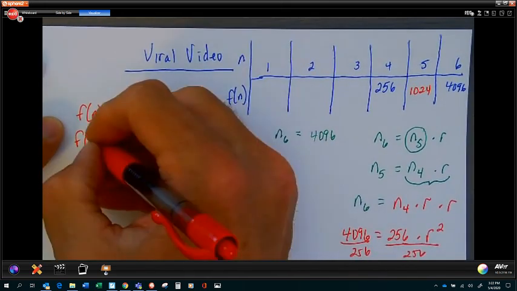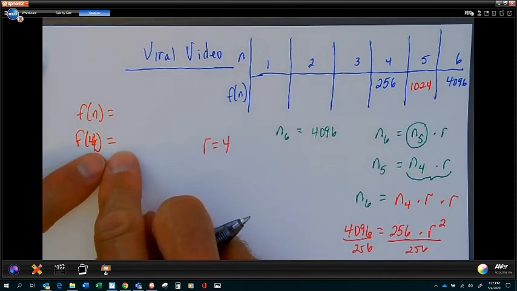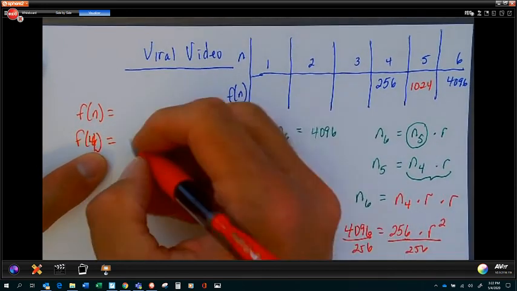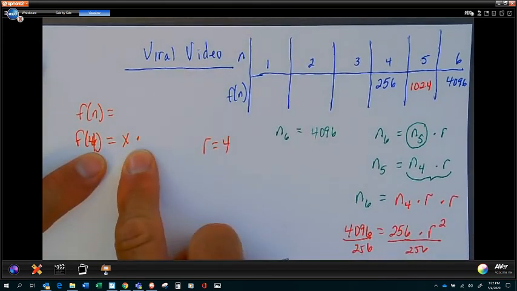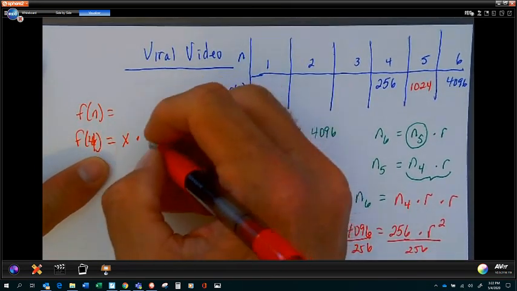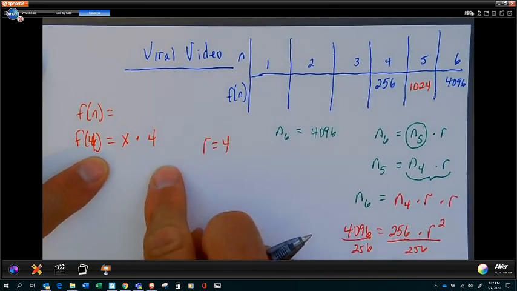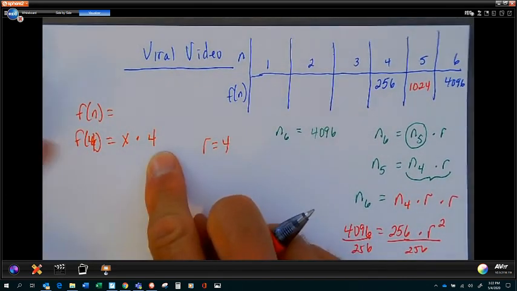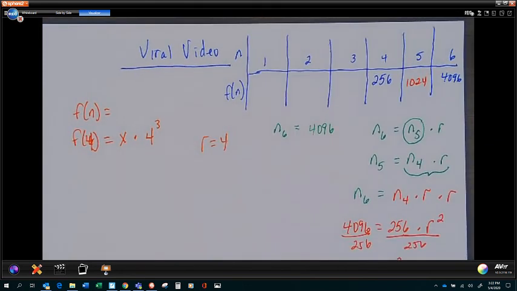Let's use f of 4, sorry. f of 4 is equal to the first term, which we don't know, times the common ratio, which is 4, to the n minus 1. Now, my n is 4, my 4 minus 1 is 3. So now I've got 4 cubed.